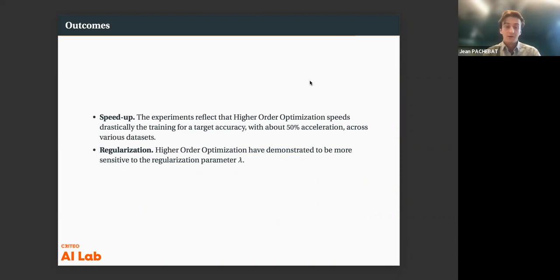However, regarding regularization, higher order optimization has been shown to be more sensitive to the regularization parameter, and it seems like it's not suited for regularizing these higher order methods.